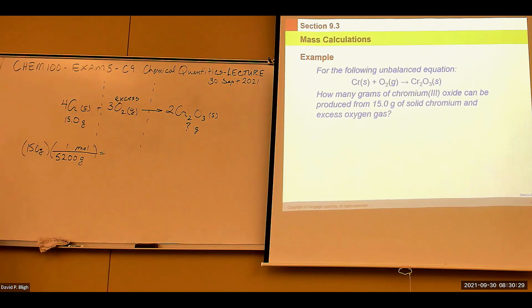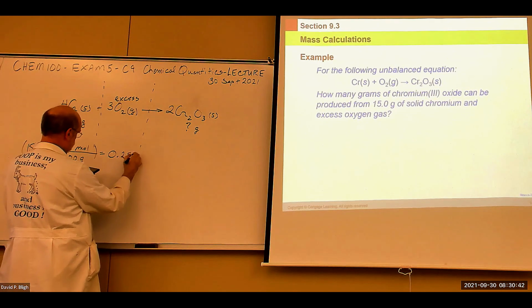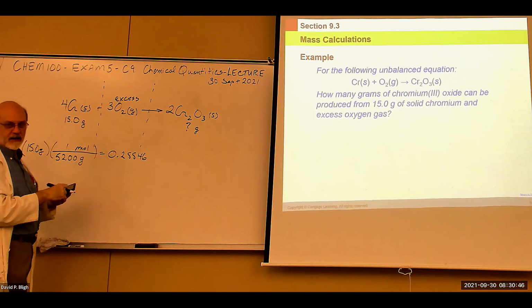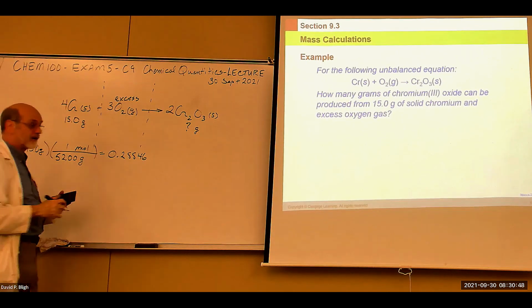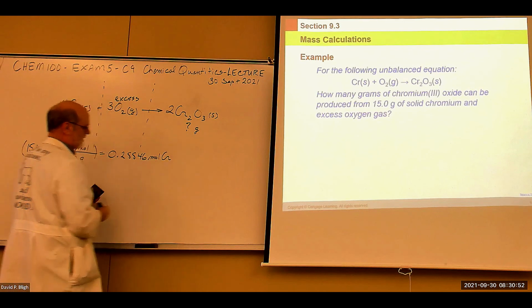So if we divide 15 by 52, we get, in standard notation, 0.28846. I'm going to keep all my decimals for now so that there's no rounding error later. So this is moles of chromium. There you go.